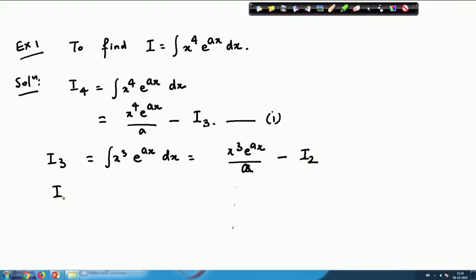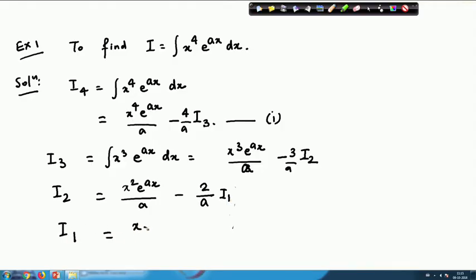Then again I2 can be written as x to the power 2 e to the power ax by a minus 2 by a times I1, and again I1 equals x e to the power ax by a minus 1 by a times I0.